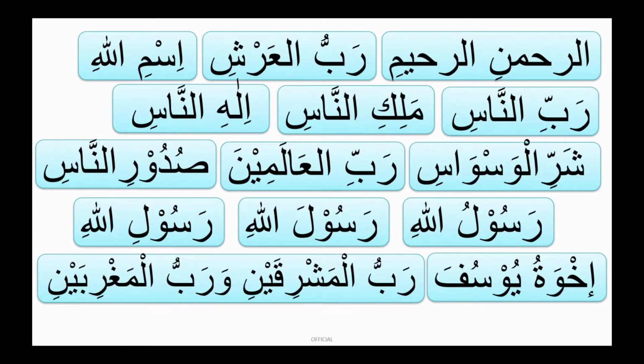It could be, which means it is. Wa is the word for and. And then we have Rabbu again, Maghribaini. Again we have the combination, so that this is also jar. So we are saying the Rabb of two Mashriq and the Rabb of two Maghrib.